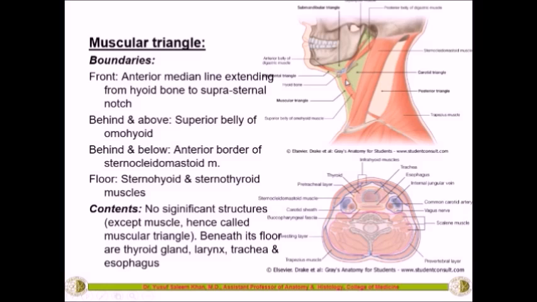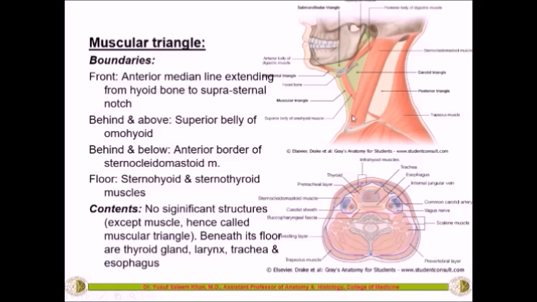What is this? This is the superior belly of the omohyoid. So this we studied here. This is also omohyoid. This is the inferior belly. This is called superior. Superior means above, inferior means below. So this is the inferior belly of the same muscle, and this is the superior belly of the same muscle, that is omohyoid. So behind and above, this will be the boundary, superior belly of omohyoid.